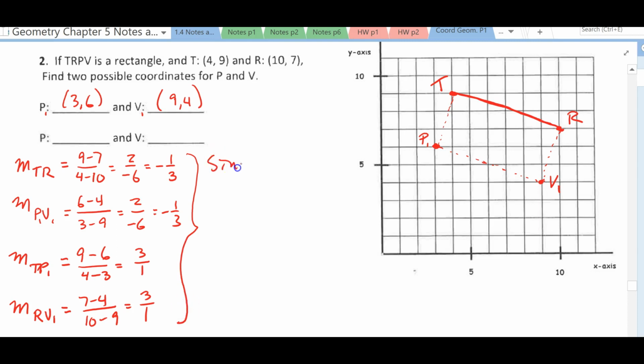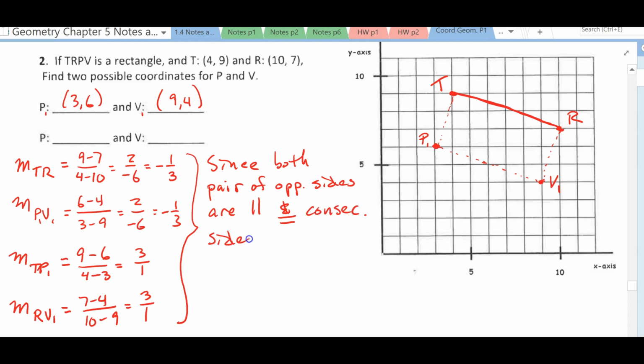So since both pairs of opposite sides are parallel, and this is important, consecutive sides are perpendicular.